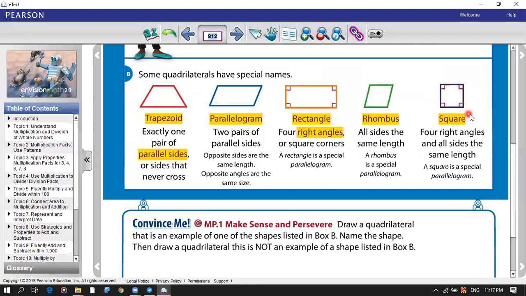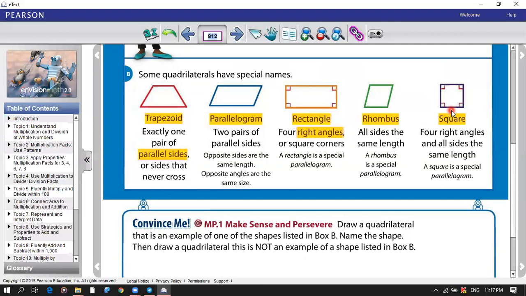Square. The square is a special type of parallelogram, rectangle, and rhombus all together. The square has two pairs of parallel sides, so it's a parallelogram. It also has four equal sides.